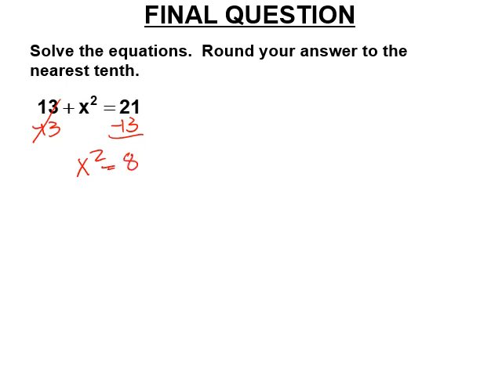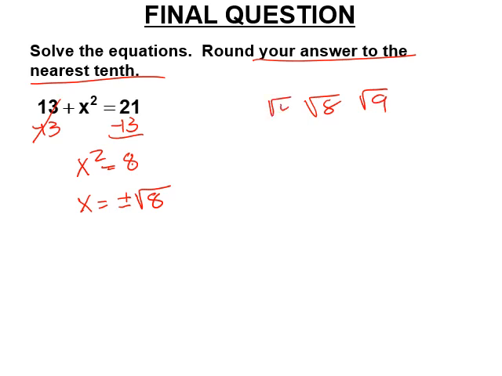X squared equals 8. That's not a perfect square. So x will be the positive and negative square roots of 8. But we have to round the square root of 8 to the nearest tenth. Right? Square root of 8 is between the square root of 9 and the square root of 4. It's between 2 and 3. It's much closer to 3 than it is to 2.